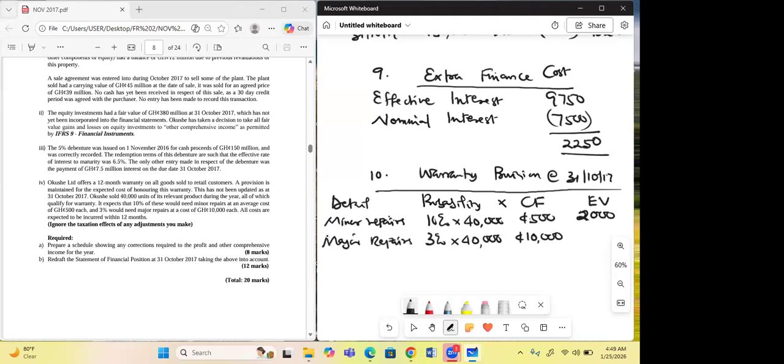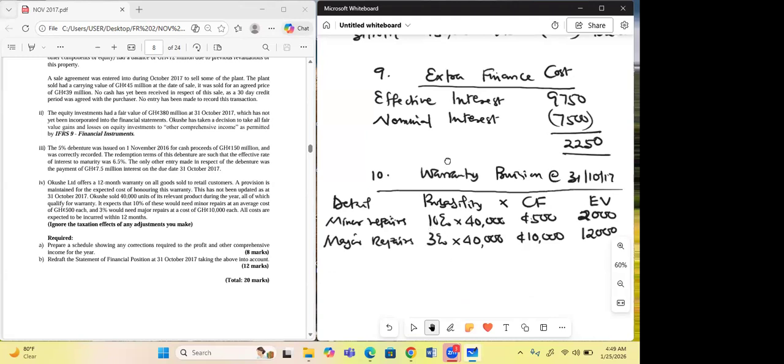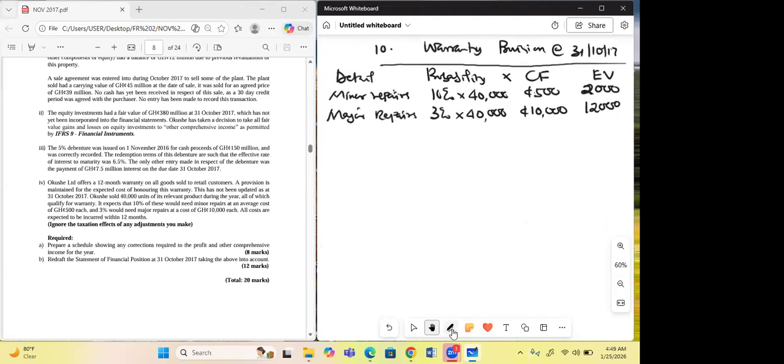So I'll take the 3 zeros out and enter 12,000. The total warranty provision at the year end sums up to 14,000.